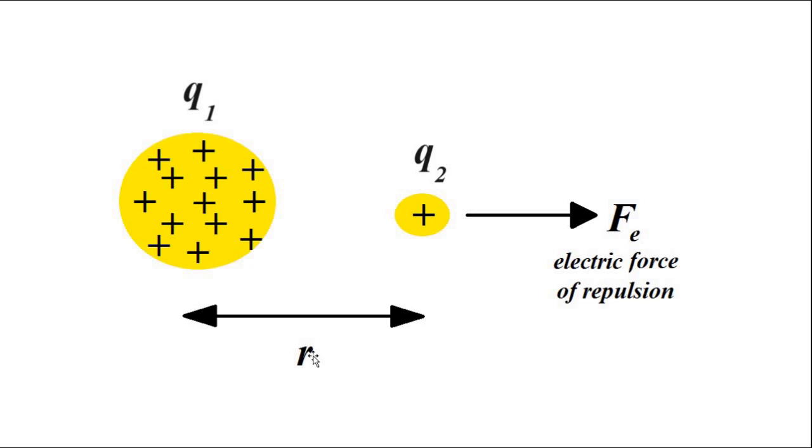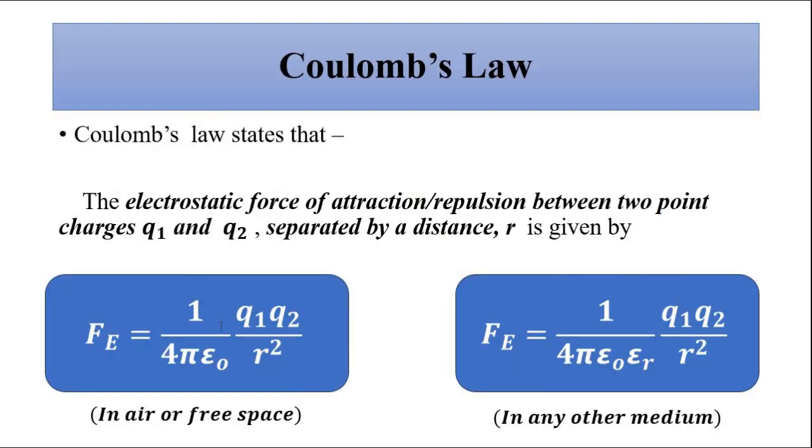So they are separated by a distance r, and the electrostatic force of repulsion will be given by 1 by 4 pi epsilon 0, directly proportional to the product of the two charges and inversely proportional to the square of the distance between them. So this becomes the Coulombic force, 1 by 4 pi epsilon 0 Q1 Q2 by r square, if it is in air or free space.